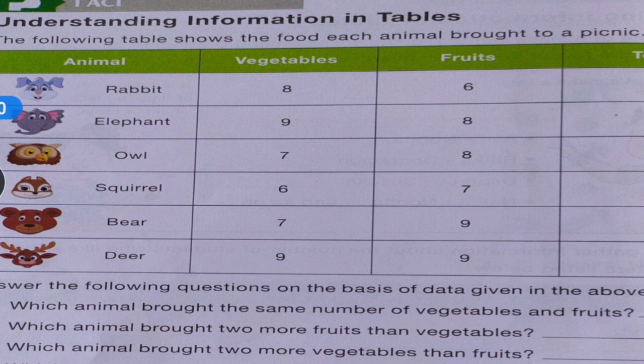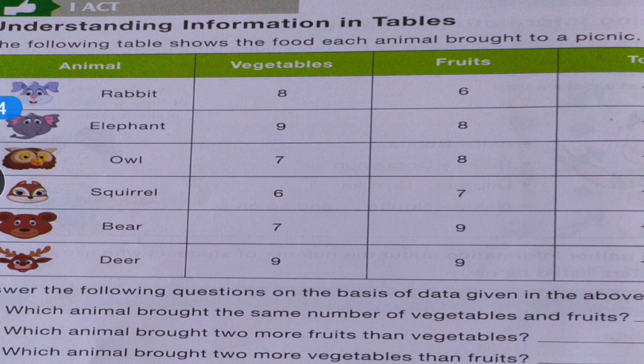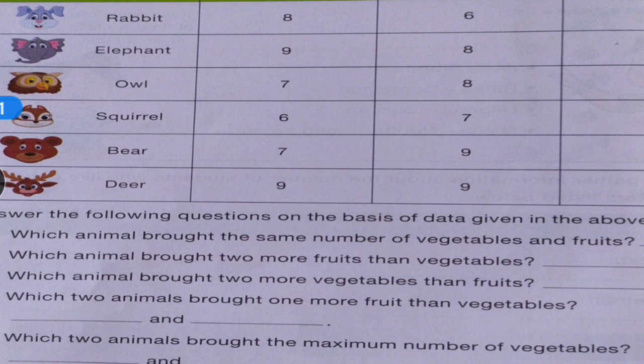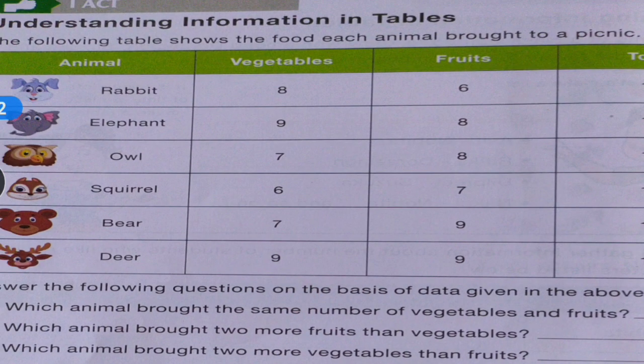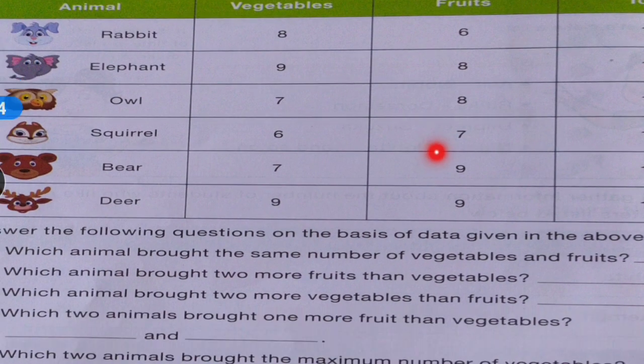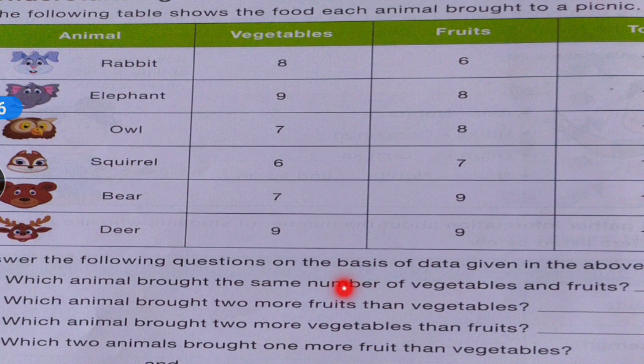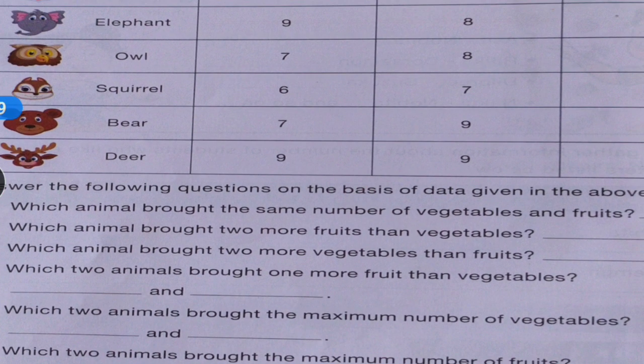The squirrel has brought 6 vegetables, 7 fruits, total 13 items. The bear has brought 7 vegetables, 9 fruits, and a total of 16 items. The deer has brought 9 vegetables and 9 fruits, total 18 items. Now, using this data or this table, you can solve these questions easily.